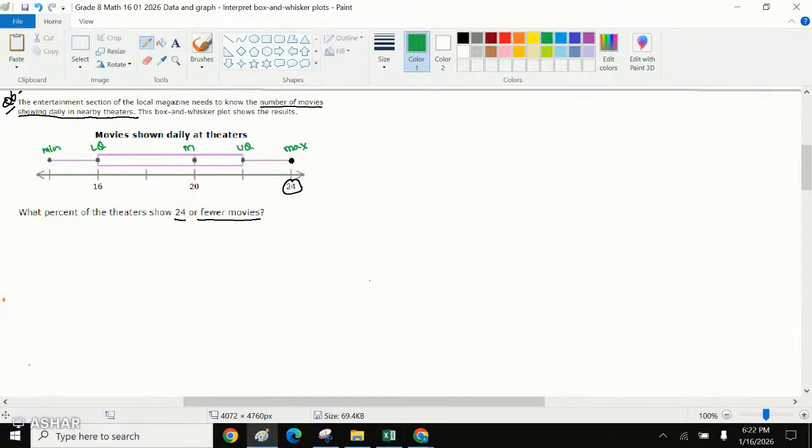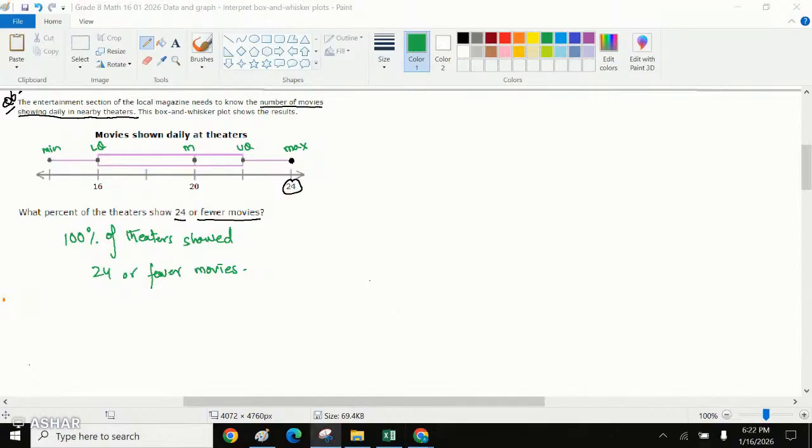So we can say that 100% of theaters showed 24 or fewer movies. That means we are considering all the theaters because 24 lies at the max value and the max is always 100%. Very simple. We just need to find one basic answer from this.